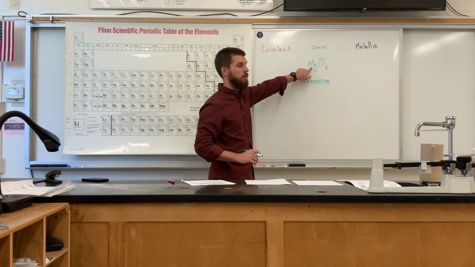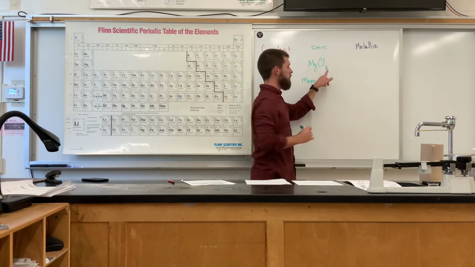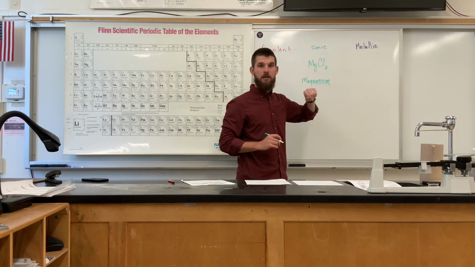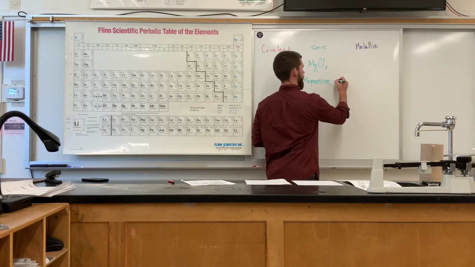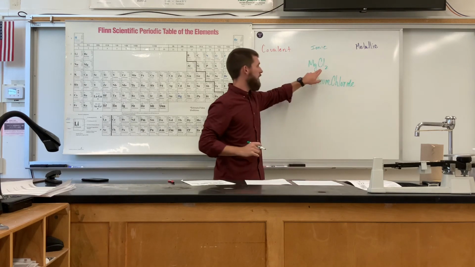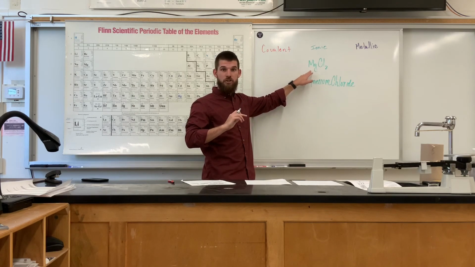The cation is the metal that gives up the electron. And we're going to write that name. We're not going to use a subscript. Okay, so we're just going to write chlorine, but take the end off and write chloride. Okay, so magnesium chloride.